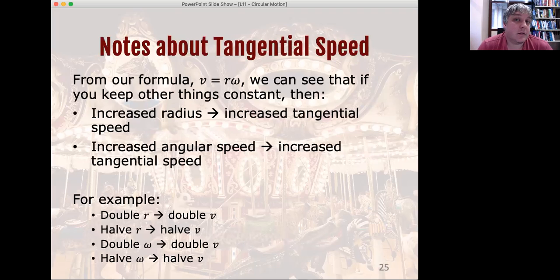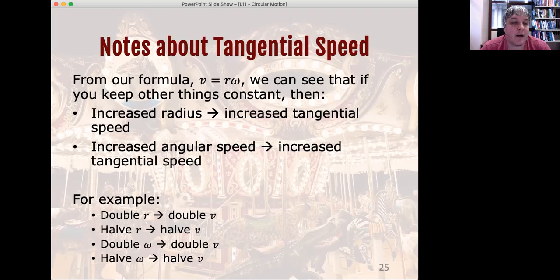From our formula, we can see that there are some simple relationships that we can observe, and that is that if we increase the radius, then the tangential speed will increase as well. So if we keep the angular speed, omega, constant, but we increase r, then v must go up. That's just a basic fact from looking at that formula.